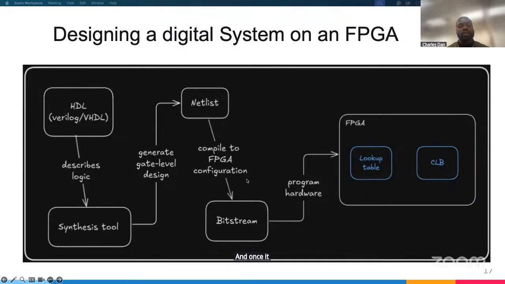And once it is compiled, it generates what we call a bitstream. So the bitstream is your actual hardware, which you download to your FPGA boards.